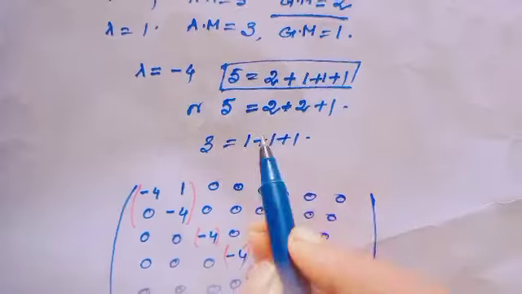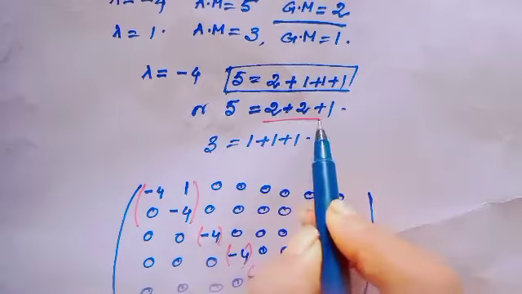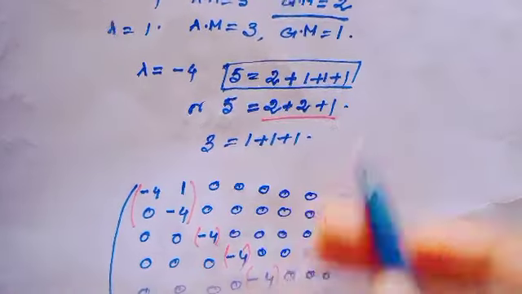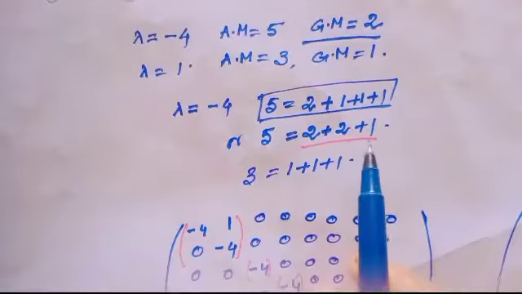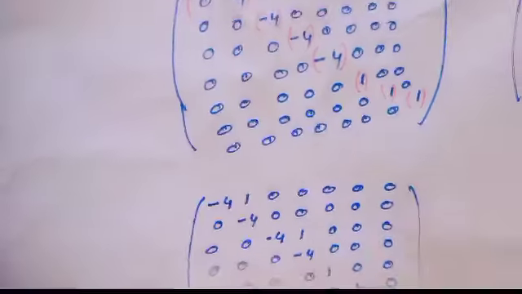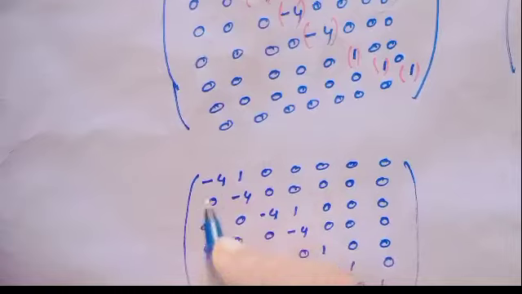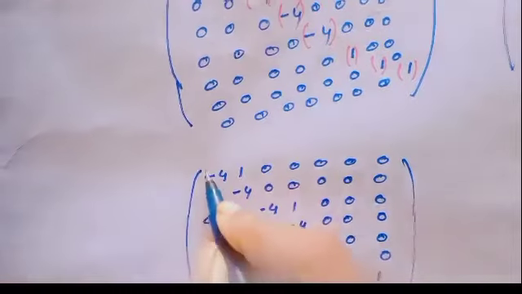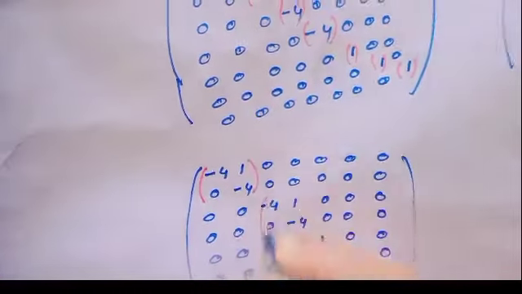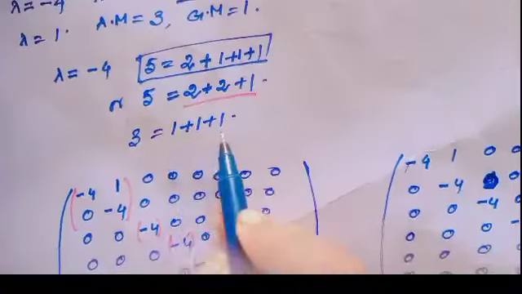Another way, consider this partition 5 equal to 2 plus 2 plus 1. Since here 5 equal to 2 plus 2 plus 1, that means for lambda equal to minus 4, there exist 2 Jordan blocks of order 2. And here also 3 equal to 1 plus 1 plus 1.